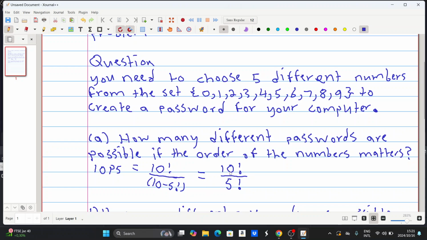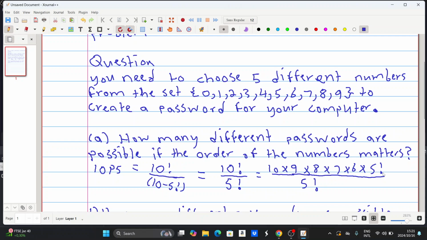If you don't have a calculator, you can leave your answer here. If you are asked to simplify it further, you can simplify the equation, which is going to be 10 times 9 times 8 times 7 times 6 times 5 factorial, then everything over 5 factorial.